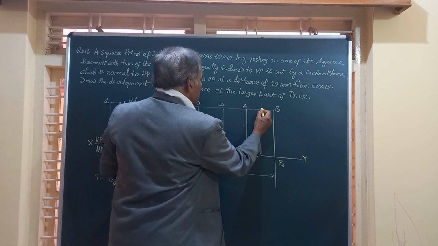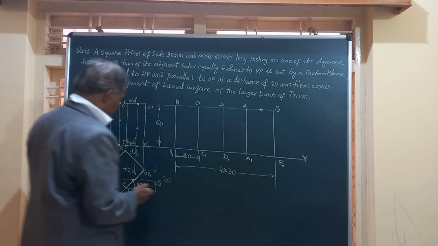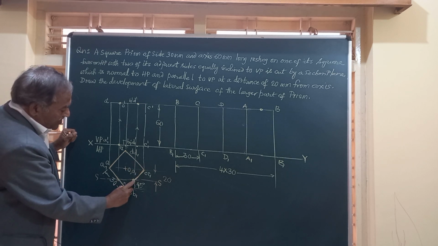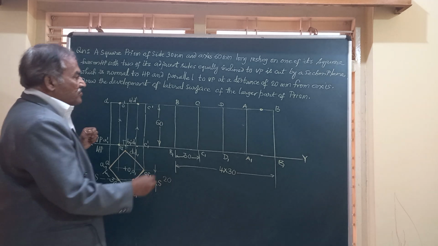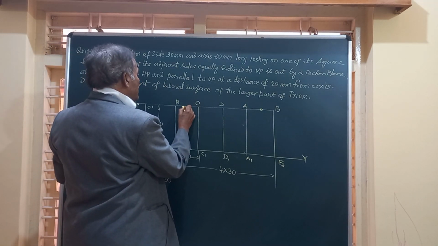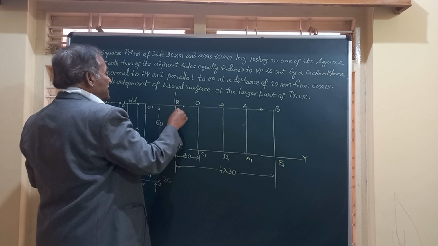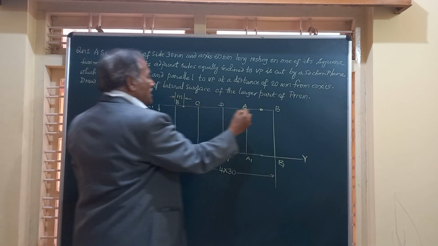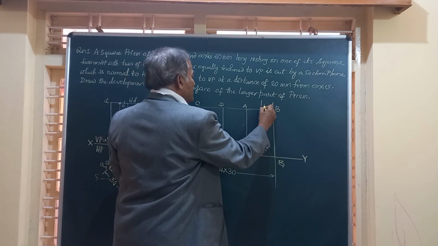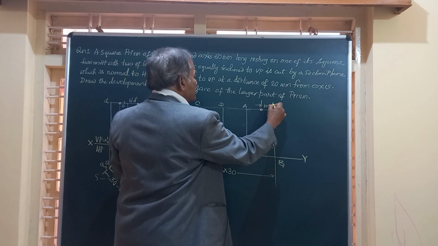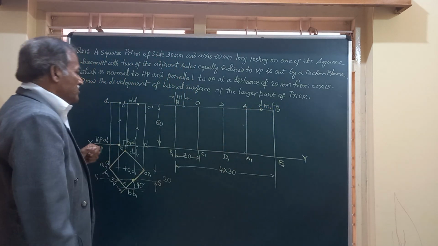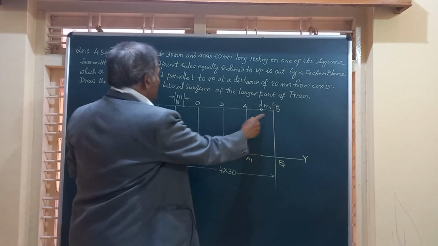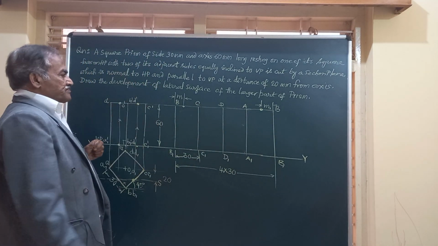And similarly, on BC, at the same distance, we have to take on BC nearer to B. Whatever the dimension I have shown here, I will mark it as M. This dimension and this dimension are the same. You can simply measure the distance using a scale and then transfer. So these are the 2 points where the edges BC and AB are cut at the top.